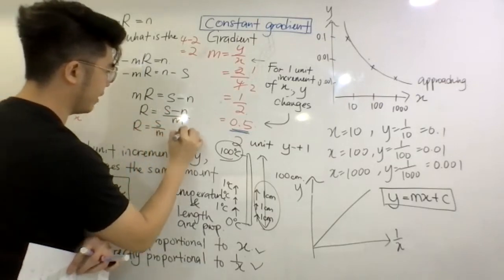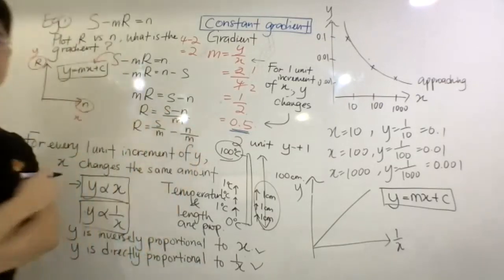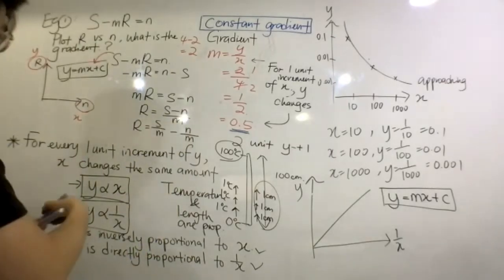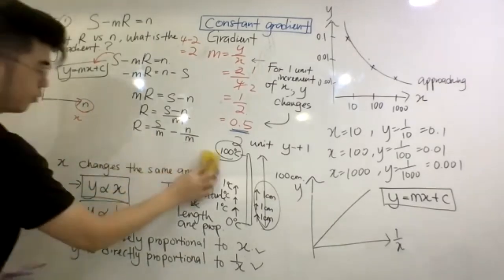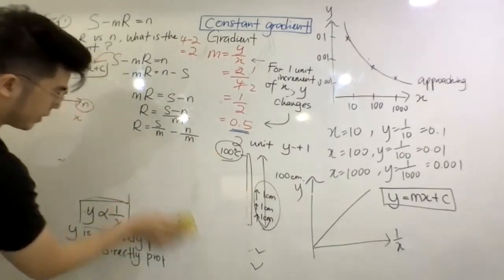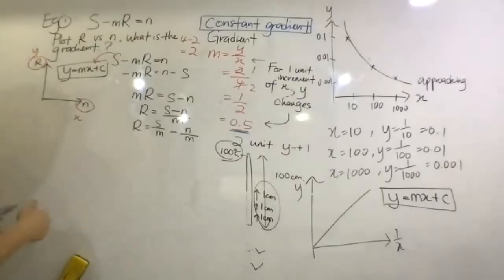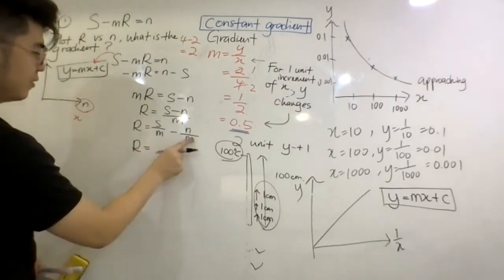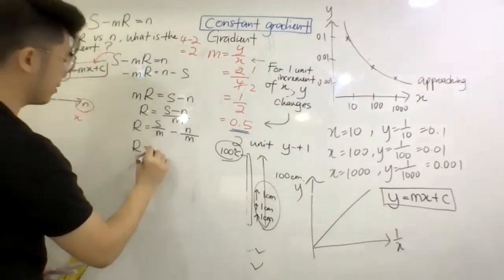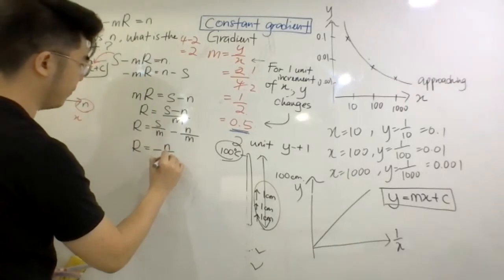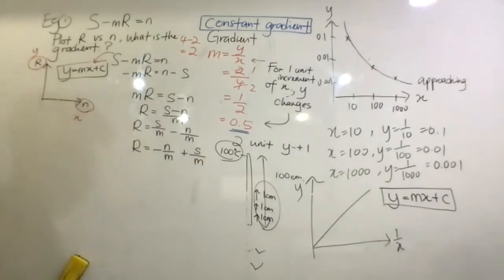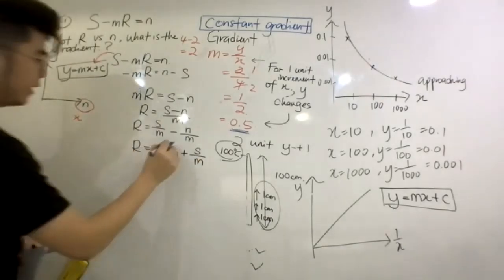现在我把 m 搬过去，r 等于 s 减 n over m，我可以把它写成 s over m 减 n over m。这边是 y 等于 mx 加 c format，我还可以用这个 r 等于减 n over m 加 s over m。Okay, I change the place here.